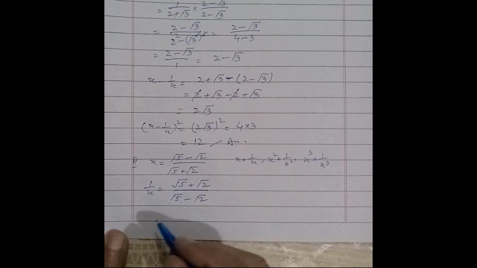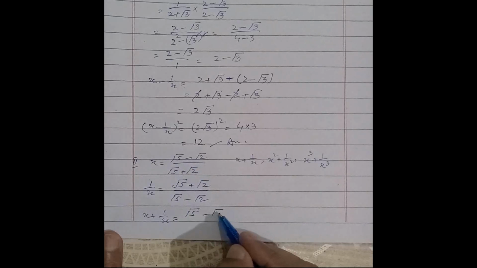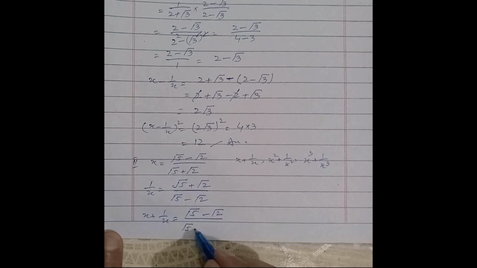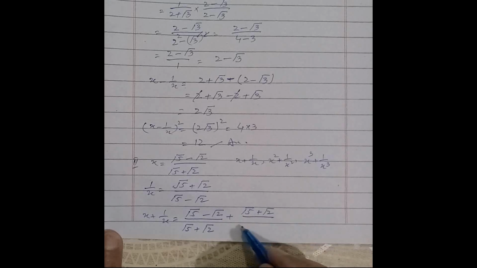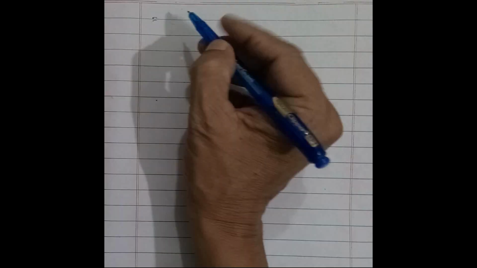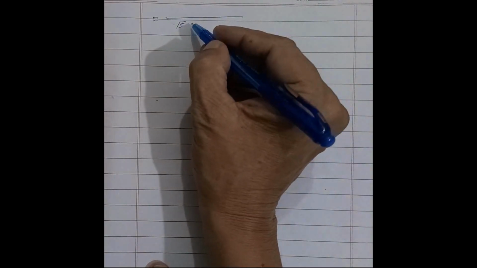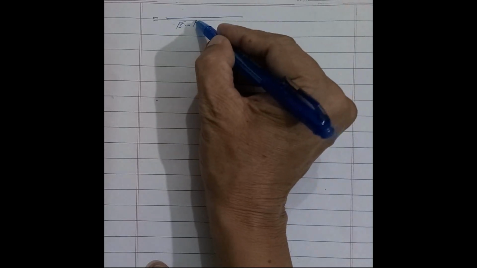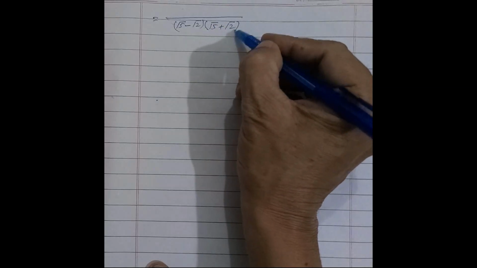And we find the value of x plus 1 over x. So put the value of x plus 1 over x and then solve it. X is square root 5 minus square root 2 over square root 5 plus square root 2, plus square root 5 plus square root 2 over square root 5 minus square root 2. The denominator is square root 5 minus square root 2 into square root 5 plus square root 2.